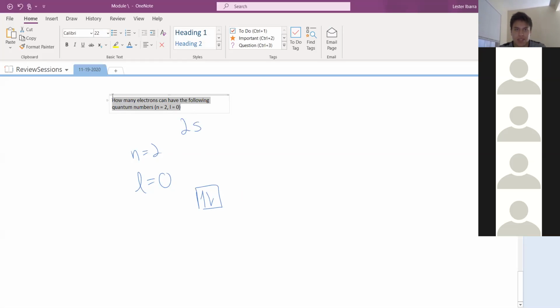Let me go ahead and repeat that question, but let's go with n equals 3. How many electrons can have n equals 3 as a quantum number? 18.